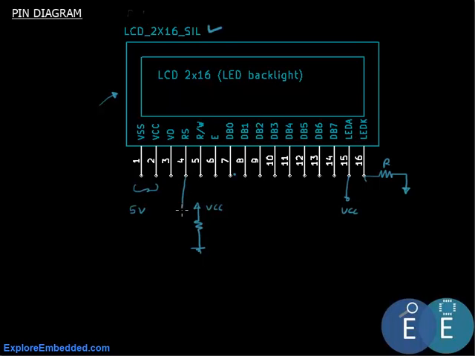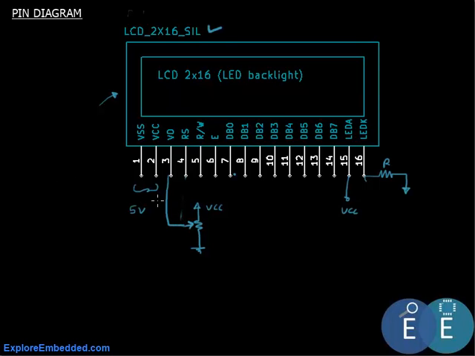So if we vary the pot, the LCD contrast varies. And we'll discuss this in a little more detail. And I've connected it to the wrong pin. Let me just correct that. Okay, so this is the contrast.